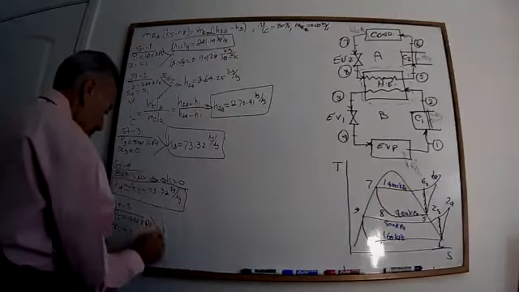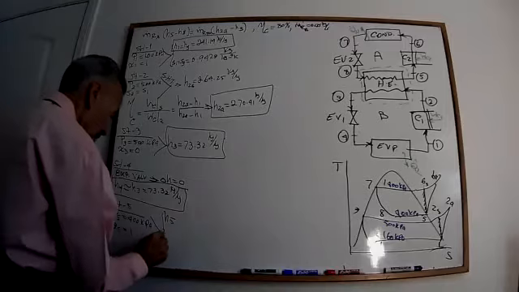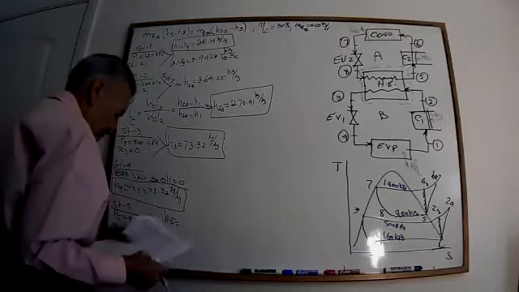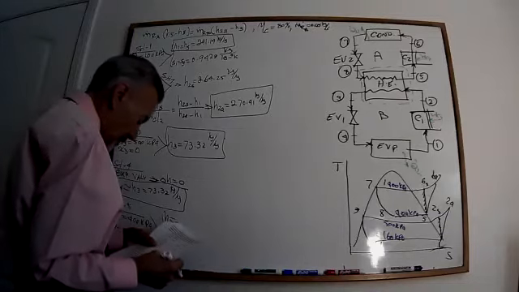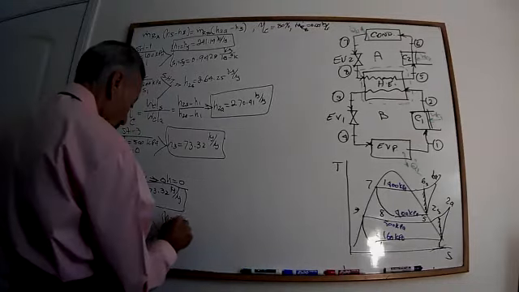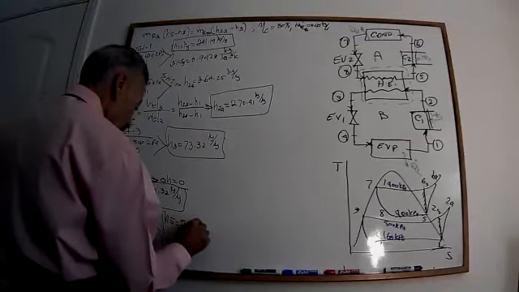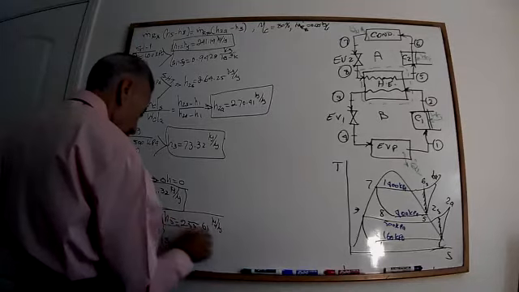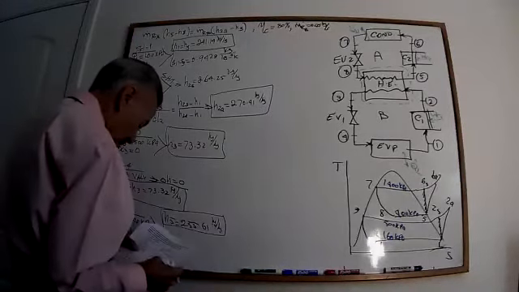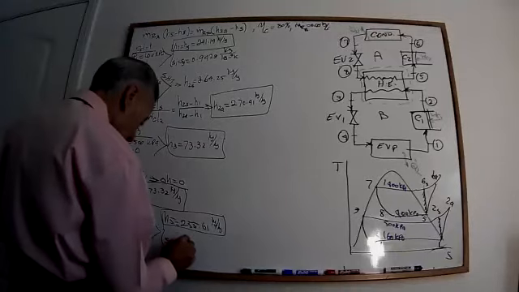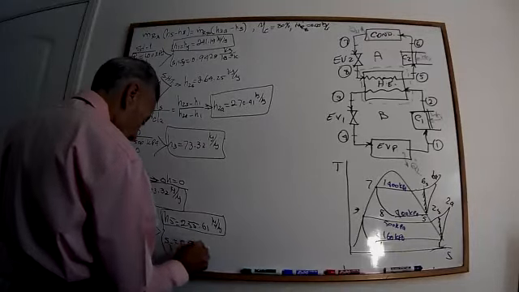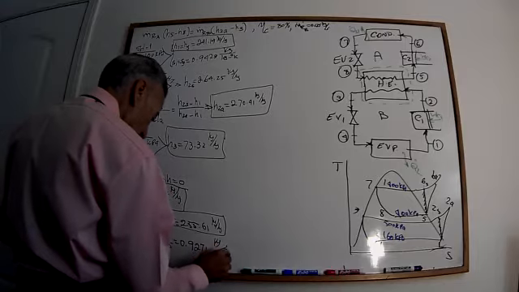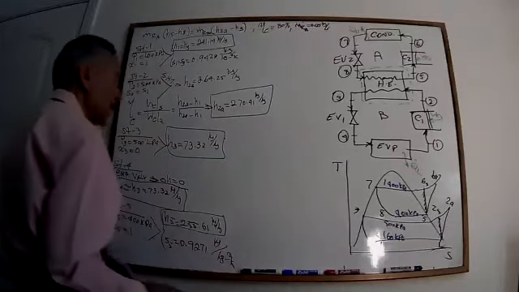So this will give me the H5 value and S5 value. The value of H5 is 255.61 kilojoule per kilogram, and the value of S5 is 0.9271 kilojoule per kilogram degree Kelvin.